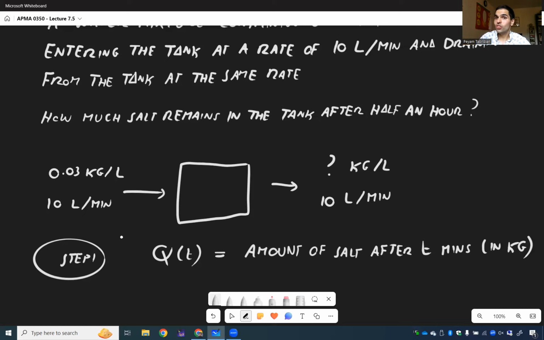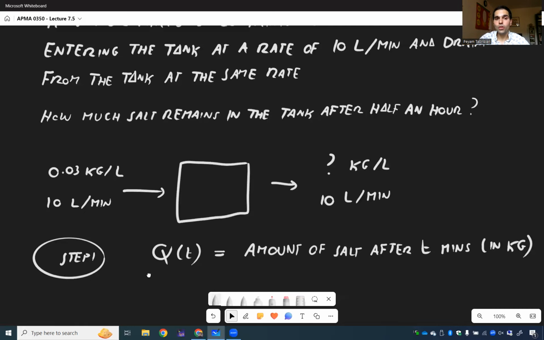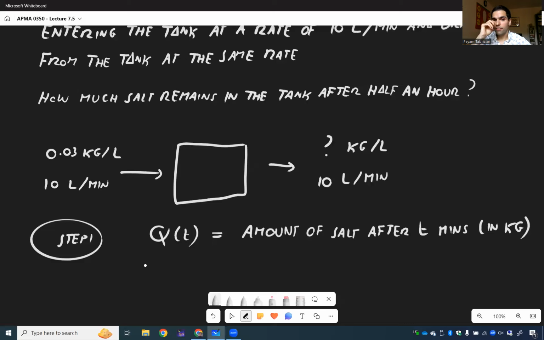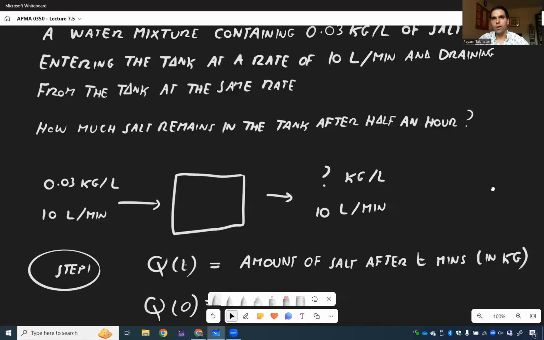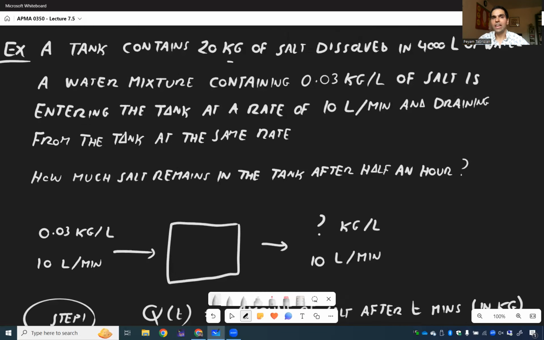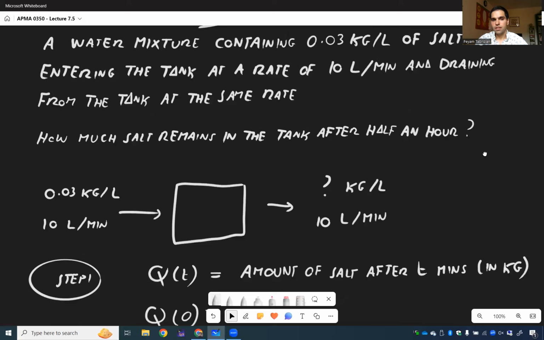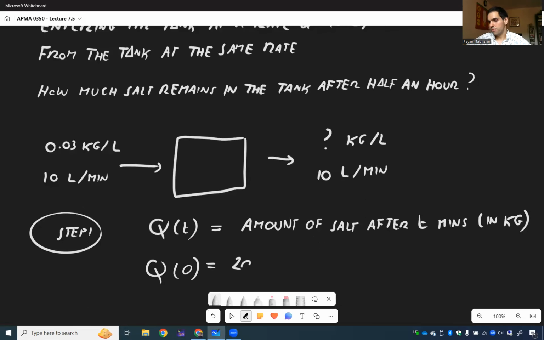Just as an example, and this will be important when we solve the differential equation, how much salt is there at the beginning? Well, the word problem tells us 20 kilograms. So Q(0) is 20.